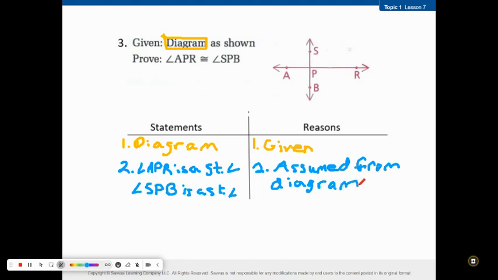It is okay to assume straight angles. It is not okay to assume complementary angles, or 90 or right angles. You can't assume those. But you can assume straight. Questions on that one?